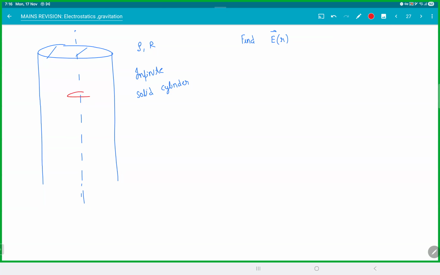Consider a Gaussian surface at a small r. Then for r less than or equal to R, integral E dot ds is q by epsilon. This will be E into surface area, which is 2 pi r L. Remember the field will be radial. And the charge enclosed is rho into cylindrical volume, pi r square L, by epsilon.